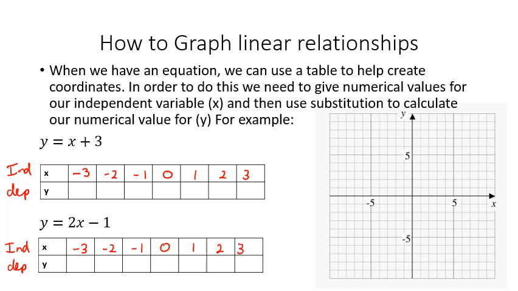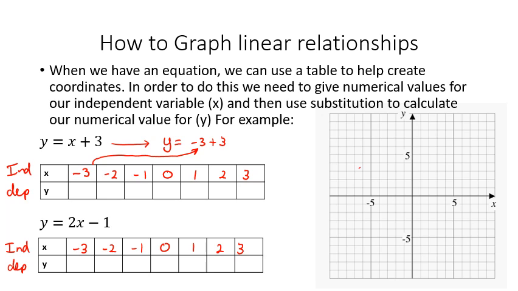So, for example, instead of having y equals x plus 3, this would now be y equals -3 plus 3, because I've simply substituted my x value in. So I've replaced the x with what the x value is to get my answer.